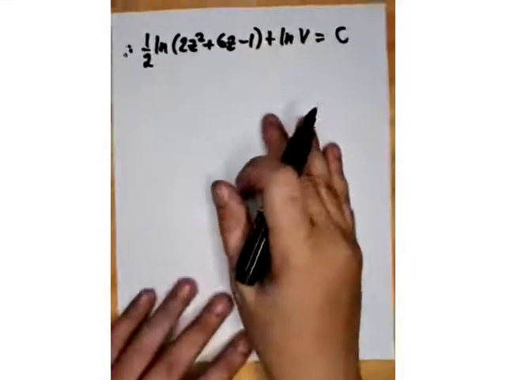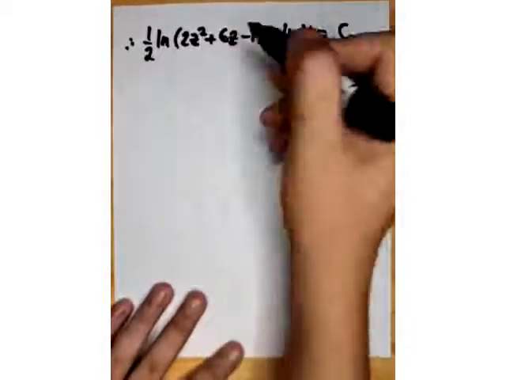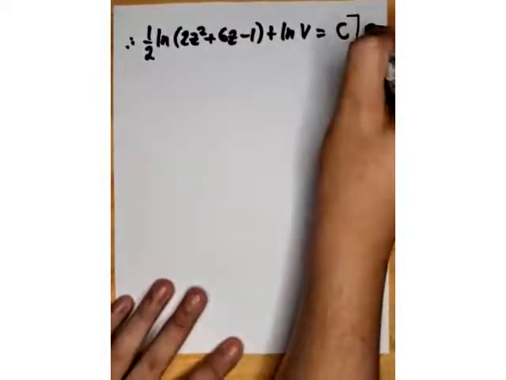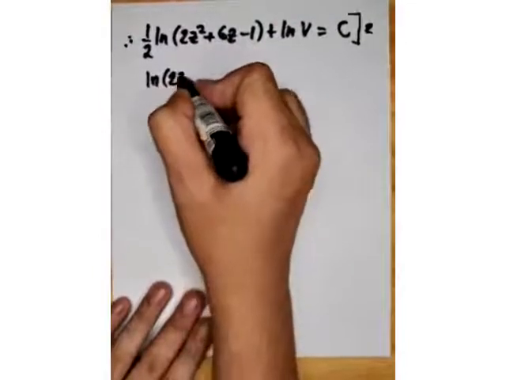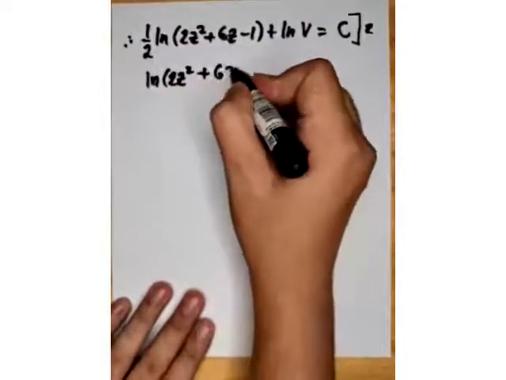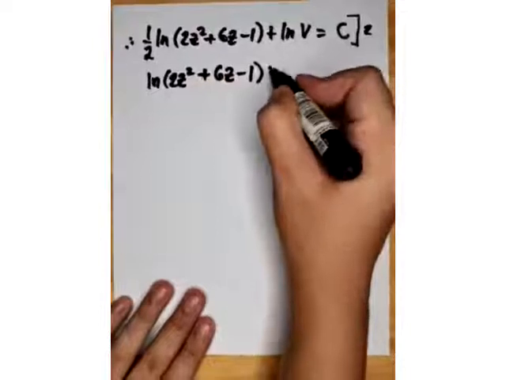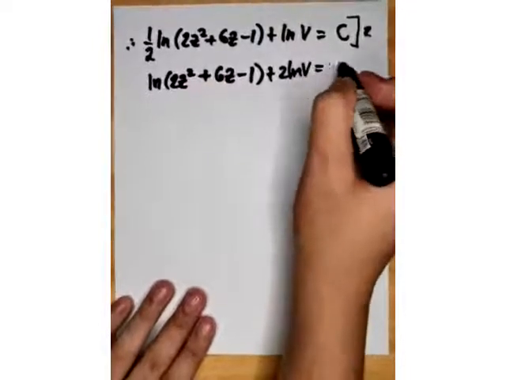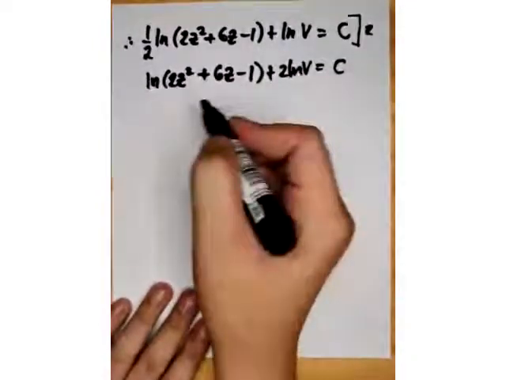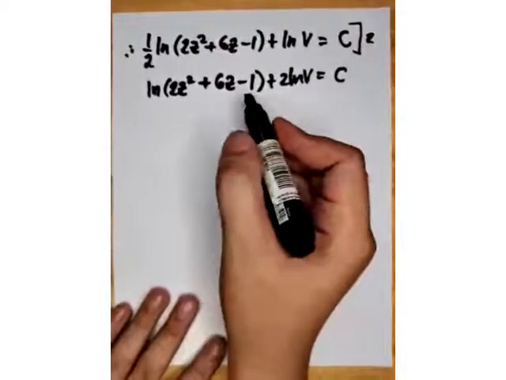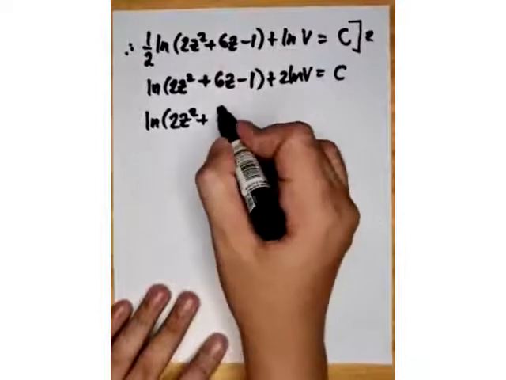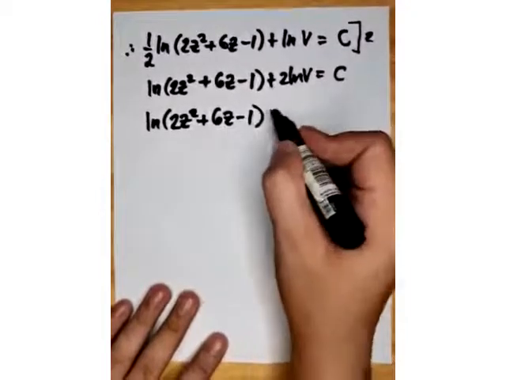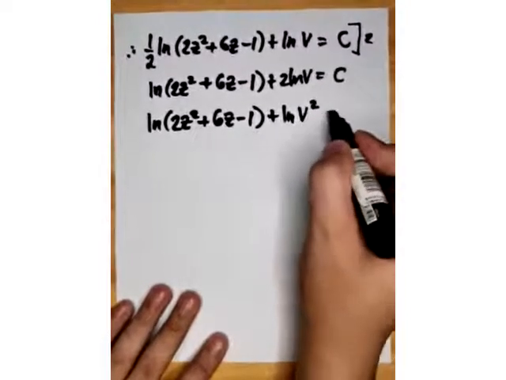Okay, now let's simplify the general solution. So since may 1 half tayo doon, let's multiply the whole equation by 2. So this is ln of 2z squared plus 6z minus 1 plus 2 ln of v is equal to c. Okay, so let's try to apply the properties of logarithm. So ln of 2z squared plus 6z minus 1 plus ln of v squared is equal to c.